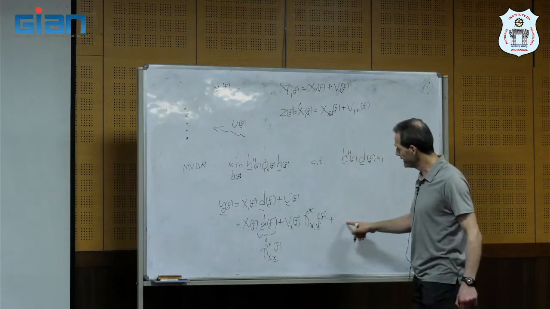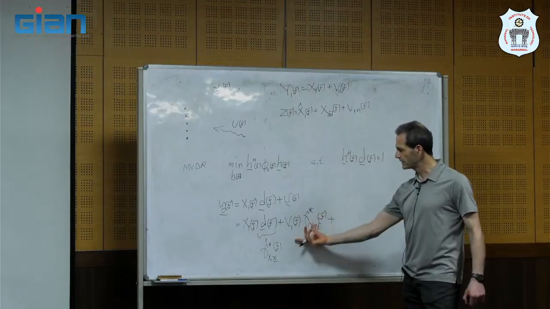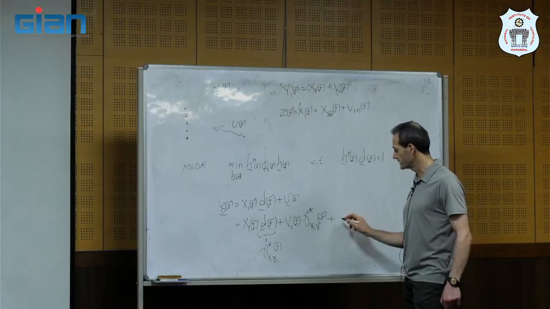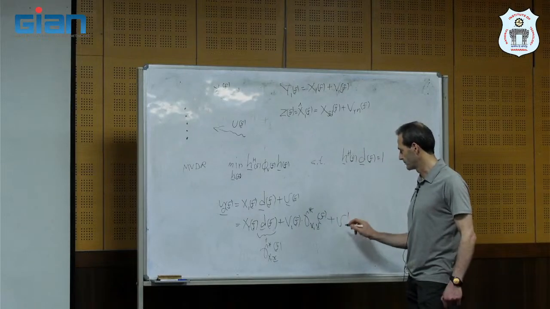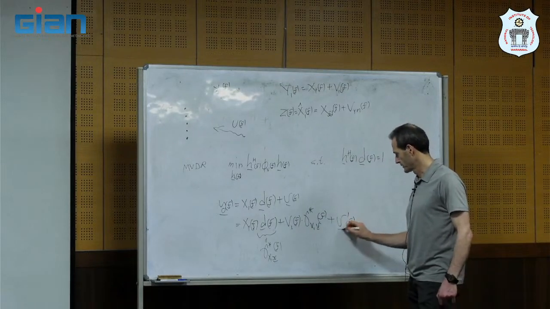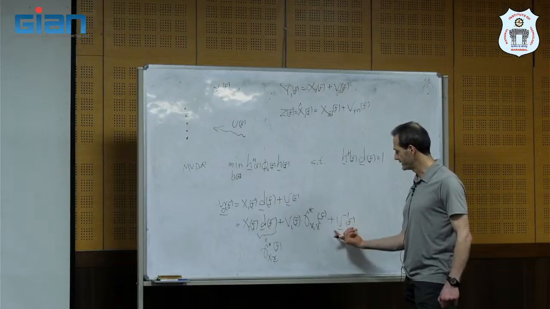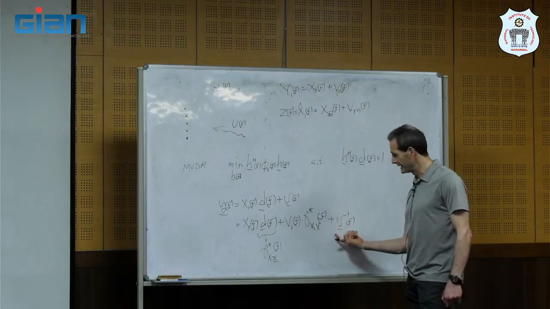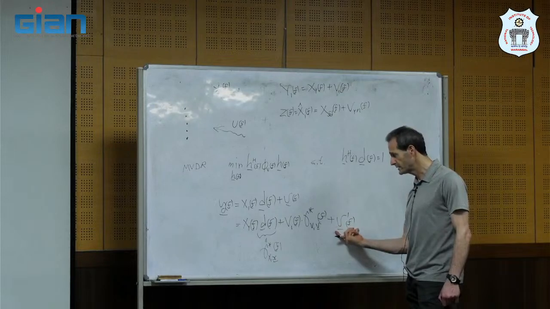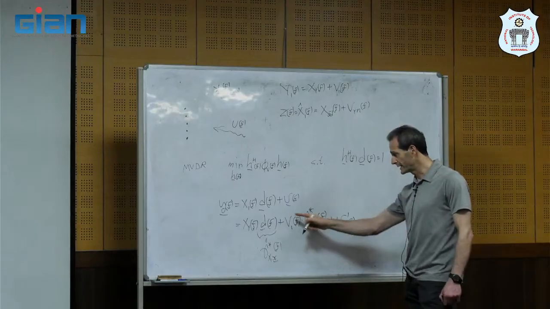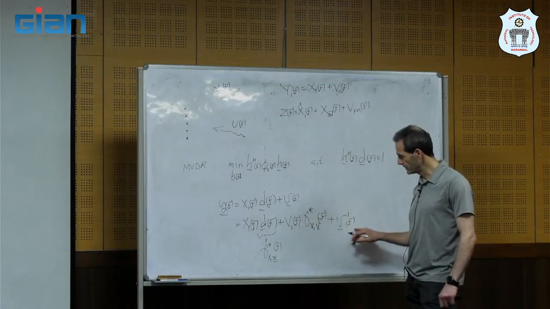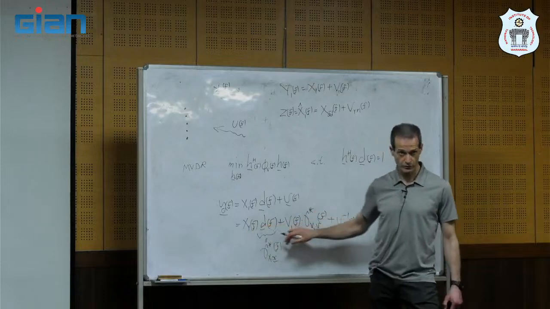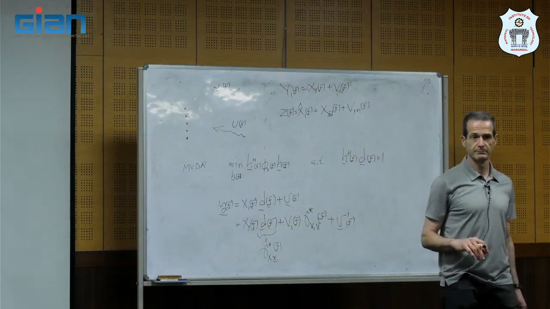So I can add here the remaining part of the noise, which I will call V prime, F. This part will be the part of the noise that is incoherent or uncorrelated with the noise in the reference sensor. This is something that we showed in the formulation of the problem.